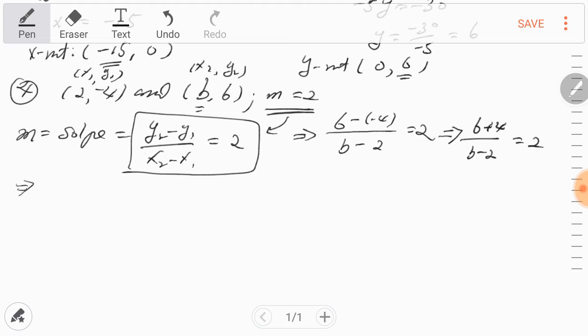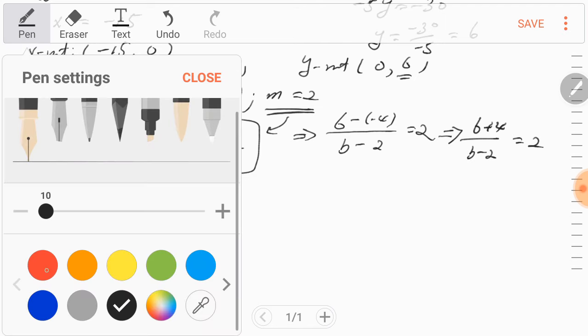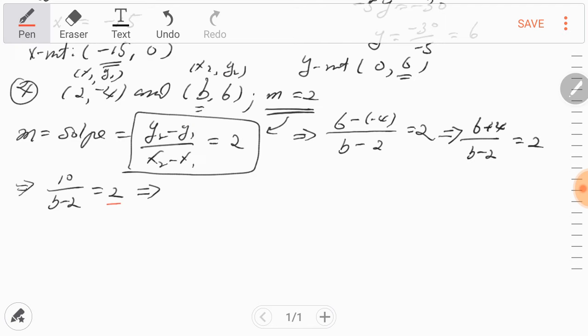Then let's simplify the equation. The numerator is 10 over b minus 2 is equal to 2. Then what do we do next? Okay, why don't we cross multiply? So multiply 2 and b minus 2, and 10 times 1. So 2 times b minus 2 is equal to 10 times 1, which is 10.